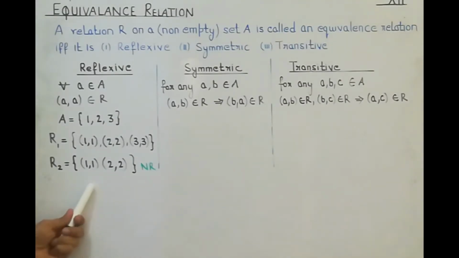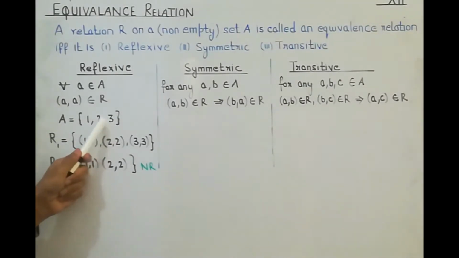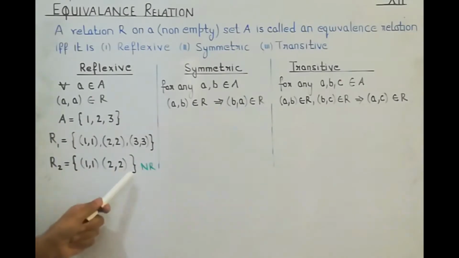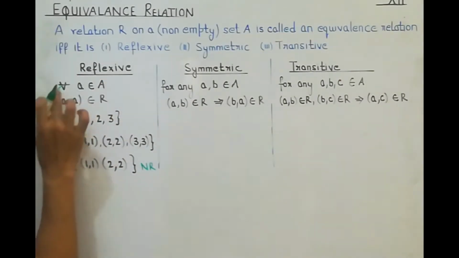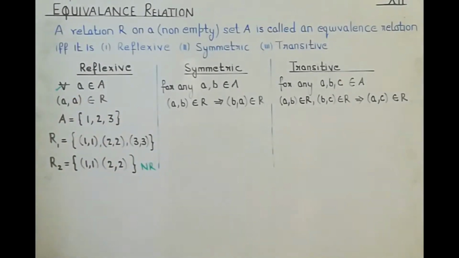Because one of the ordered pairs, for 3, that is (3, 3), is not in the relation. So remember, all the elements appearing in the set must have an ordered pair which relates those elements to themselves in the relation. Remember this word, for all. This must be satisfied for all.